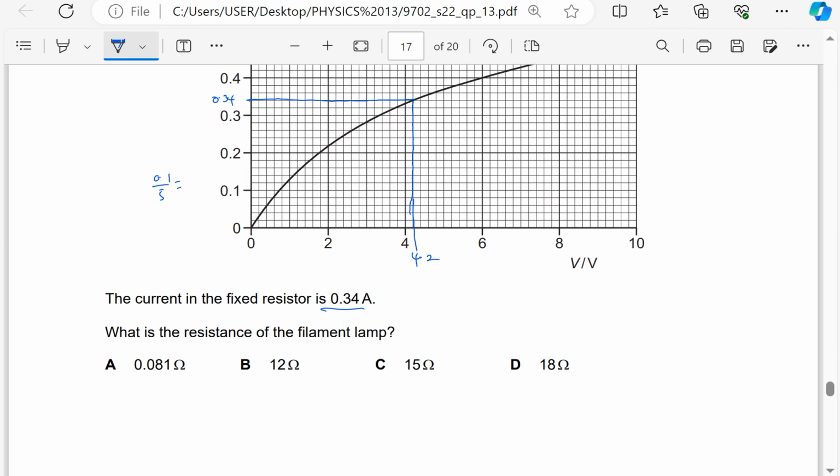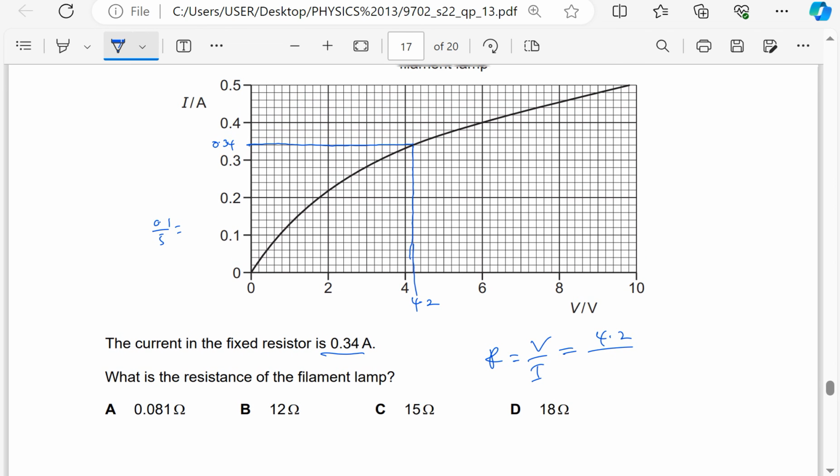Remember, they're in series. So what is the resistance of the filament lamp? Resistance is going to be V over I, where V is 4.2 divided by I, and of course the current is the same.